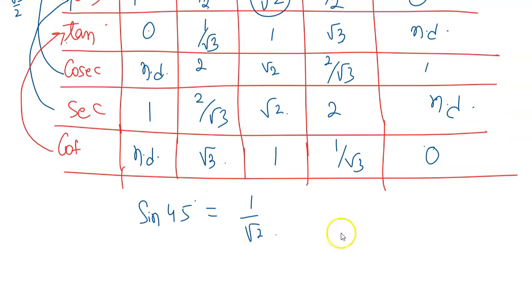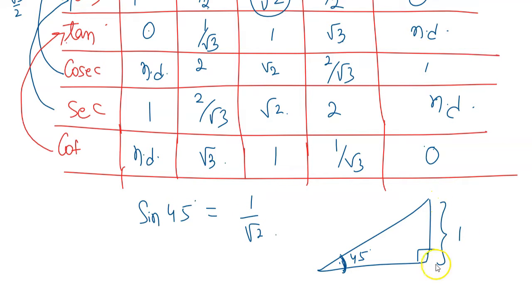So, what does this indicate? In a right angle triangle, if this angle is 45, this side will be 1 and the hypotenuse will be root 2. Why? Because sine is the ratio of perpendicular by hypotenuse.